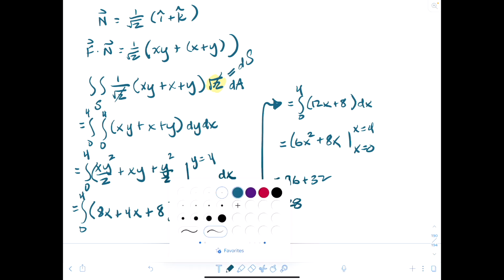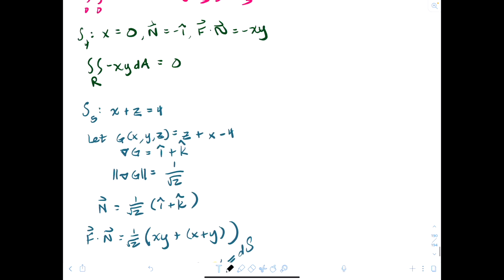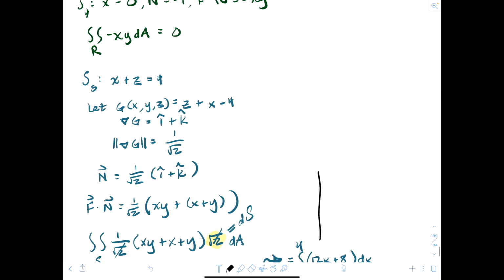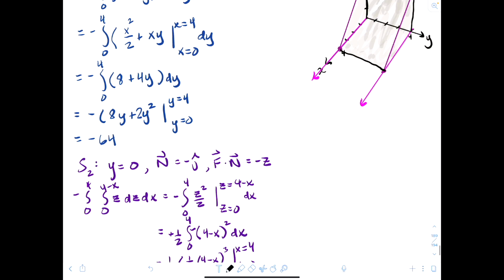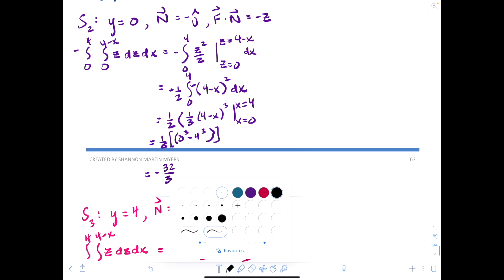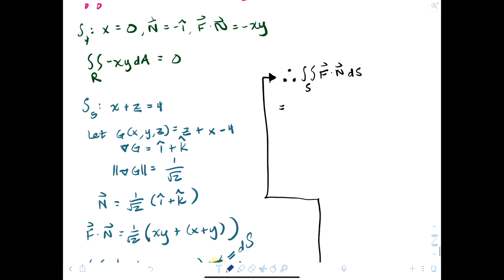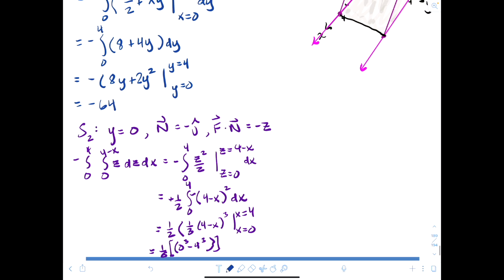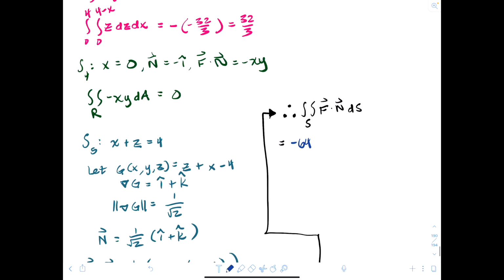So at the end of the day, the integral over the surface of f dot n dS is going to equal, remember we had all these different ones, our S1 was negative 64, and our next one, the purple one, was negative 32 thirds.